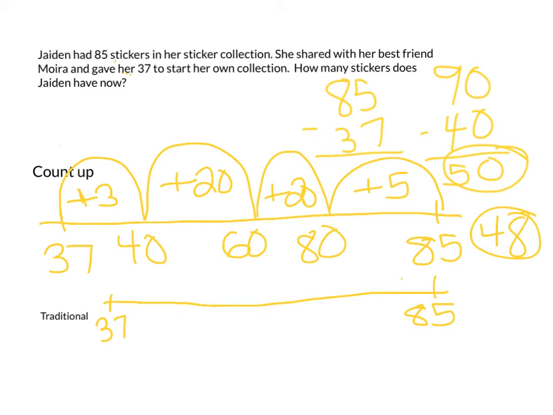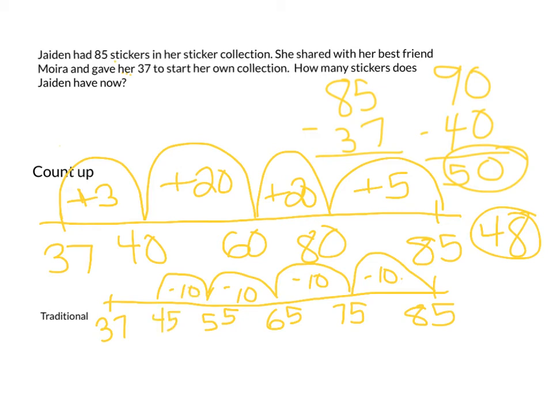I could go back. Maybe I count back 10 from 85, which would be 75. And then I could count back another 10, which would be 65. And another 10, which would be 55. And finally, another 10, which would be 45.